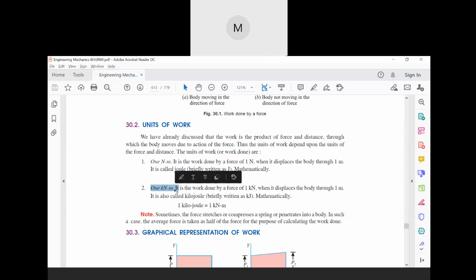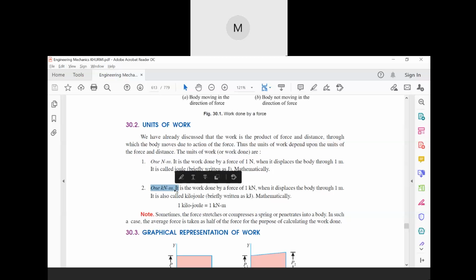Now look, there may be some questions: define 1 Newton meter or define 1 kilonewton meter. So what is 1 Newton meter actually? 1 Newton meter is the amount of work done when 1 Newton force is acting on a body and it displaces the body by 1 meter.